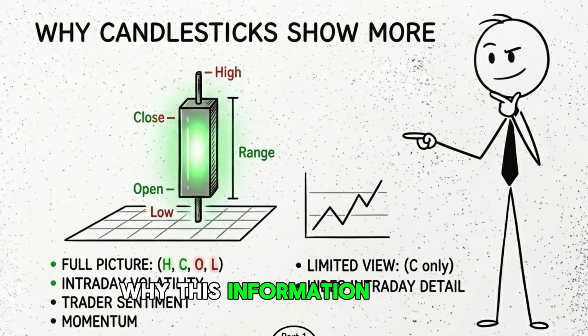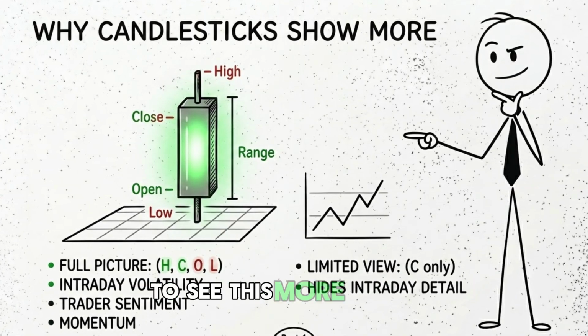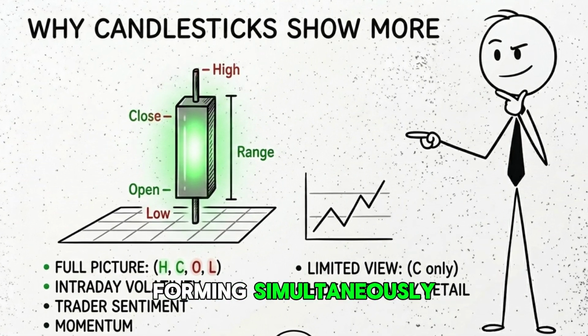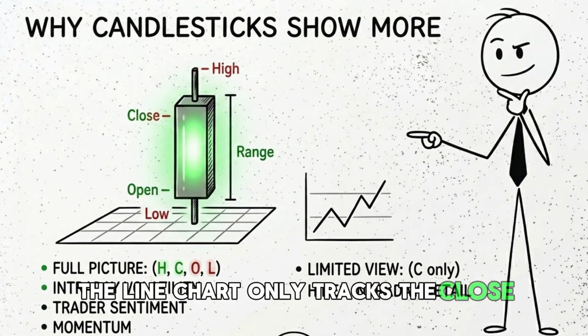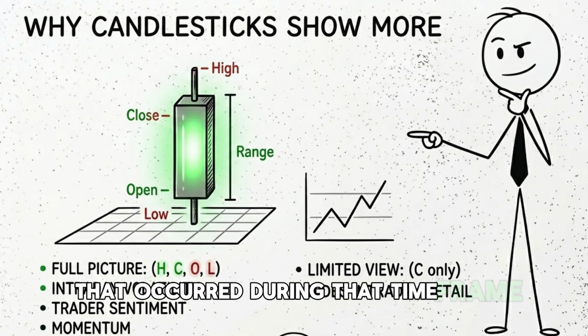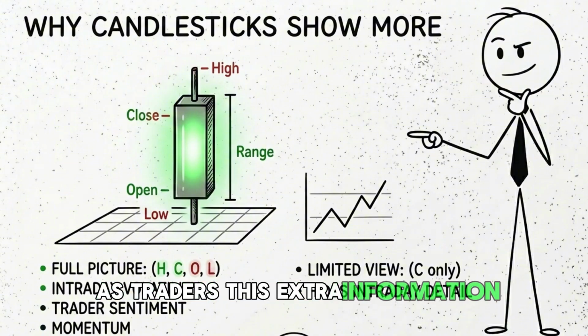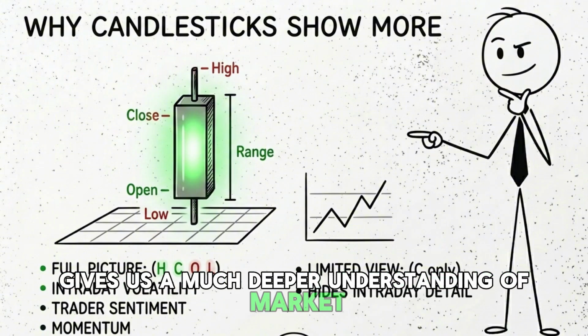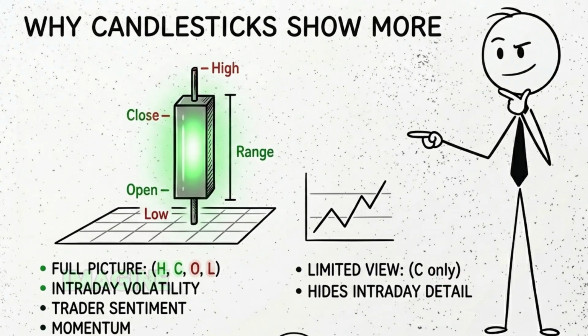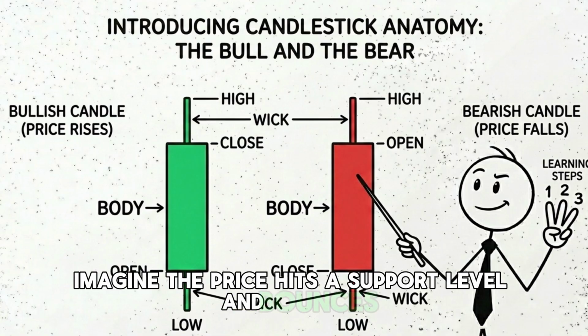Why this information matters? To see this more clearly, imagine a line chart and a candlestick chart forming simultaneously. The line chart only tracks the close, while the candlestick chart reveals the battle that occurred during that time frame. As traders, this extra information gives us a much deeper understanding of market sentiment, allowing for more informed decisions. For instance, imagine the price hits a support level and bounces.